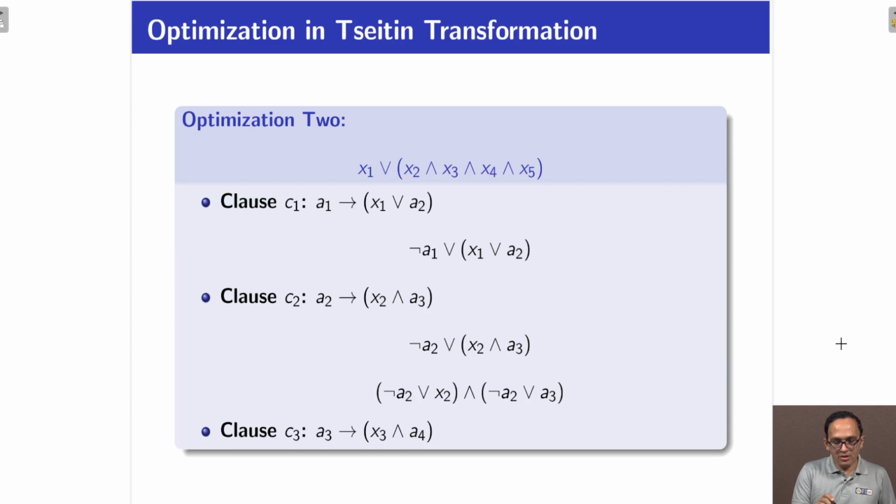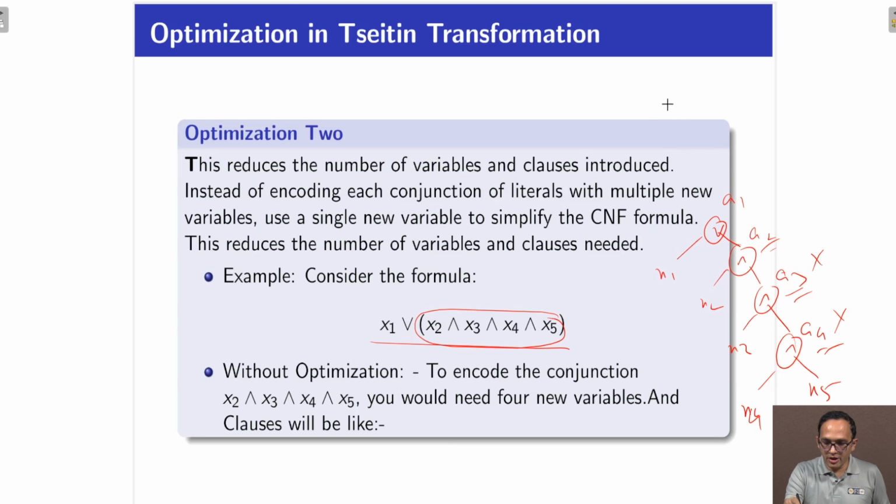So, in the normal one, as I mentioned, if this is the formula, I will get one clause, A1 bi-implication x1 or A2, right. This is corresponding to this variable. Then I will get A2 bi-implication x2 and A3, right.